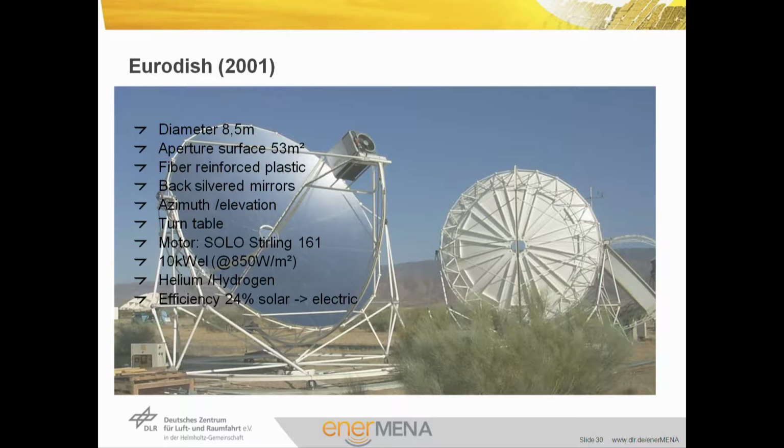The motor is a Solo Stirling 161 with a rated power of 10 kilowatts electric. Also, this can be reached at 850 watts per square meter. At the beginning, the systems were operated using helium as working gas. Later, they were changed to hydrogen, which is a more efficient gas, then reaching about 24% efficiency for the conversion from solar to electric.